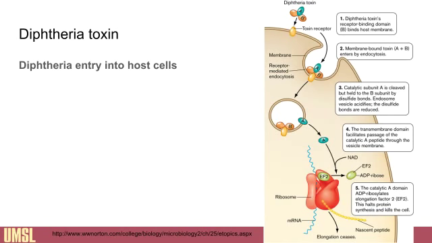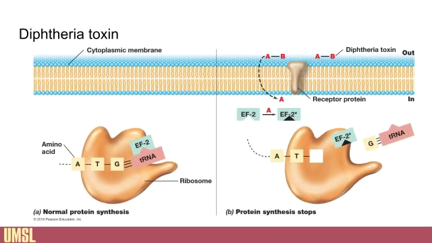And what this active domain does is it takes a molecule of NAD, and essentially transfers that onto a histidine residue of elongation factor 2, adding on ADP ribose. Okay? And what that does is essentially inactivates EF2. If EF2 is inactive, protein translation is inhibited.